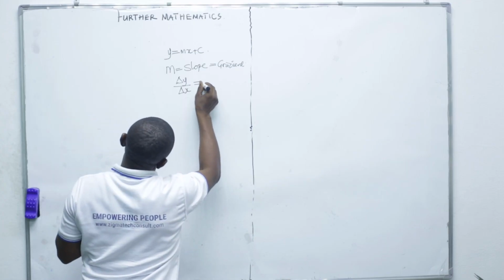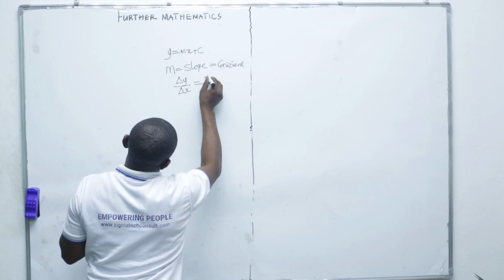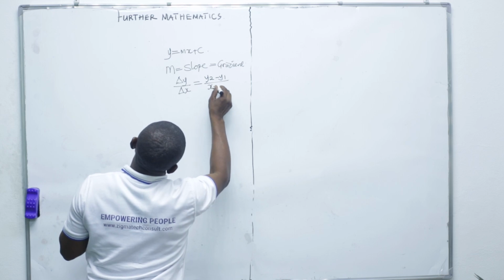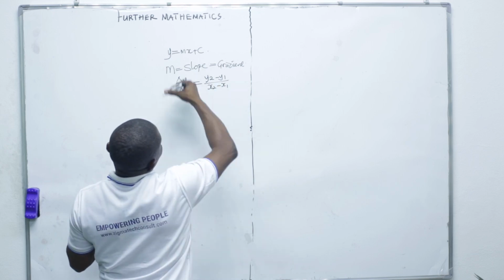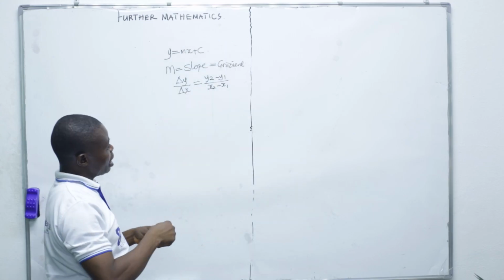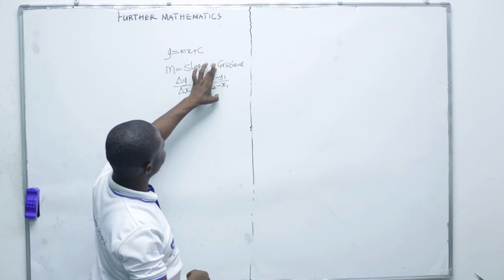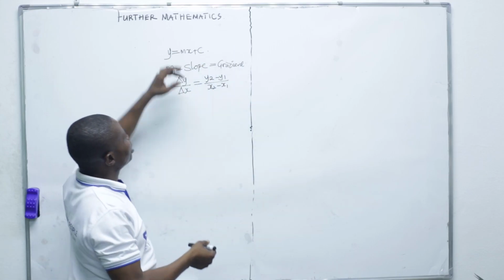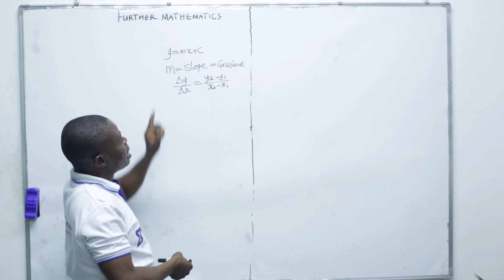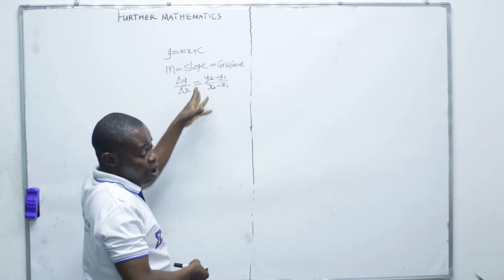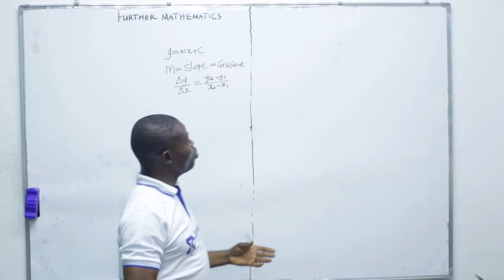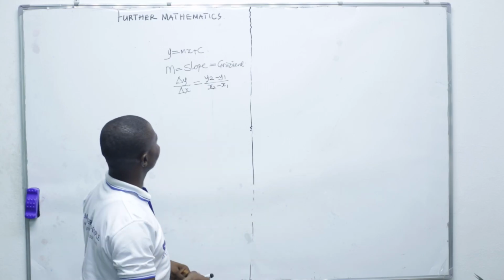Or to a layman, y2 minus y1 all over x2 minus x1. All this is what m is made up of. M can be this, this, and this. So encapsulated within m are y2, y1, x2, x1, which will give us a slope.